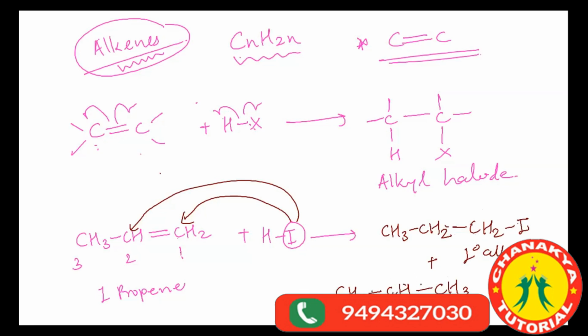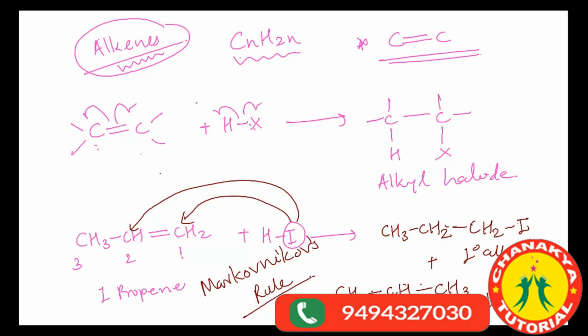And hence it is a secondary alkyl halide, right? So among that, primary or secondary is major for addition reaction with Markovnikov's rule. Right? The more substituted alkyl halide would be the major product and the less substituted alkyl halide would be the minor product.